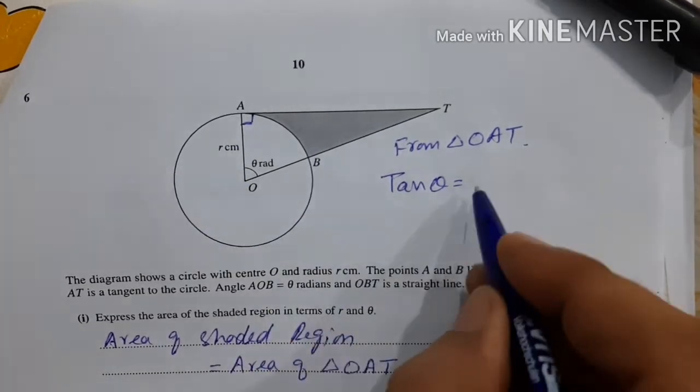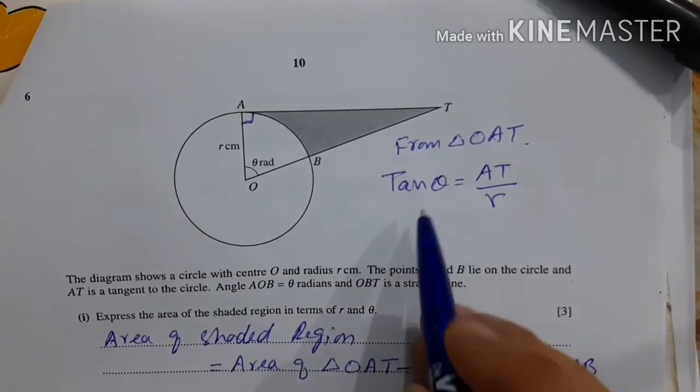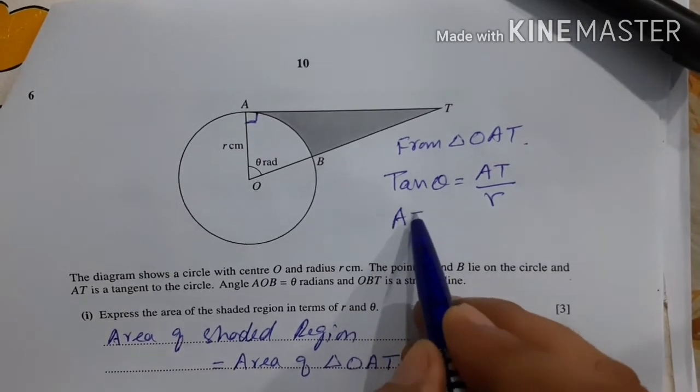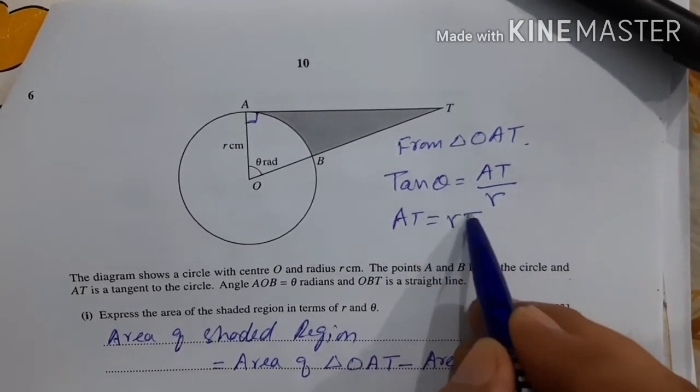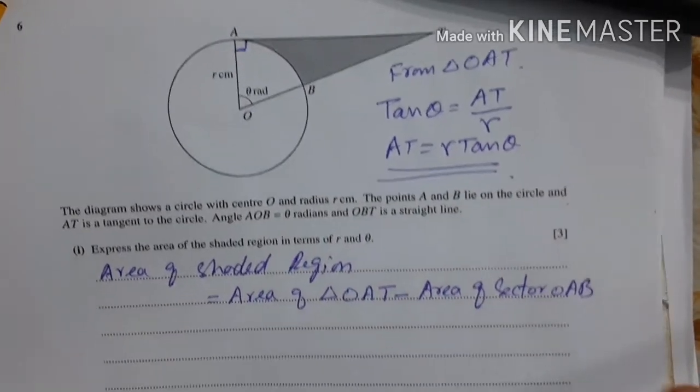This is perpendicular AT over R. So therefore AT will be R tan theta. Please keep this in mind.